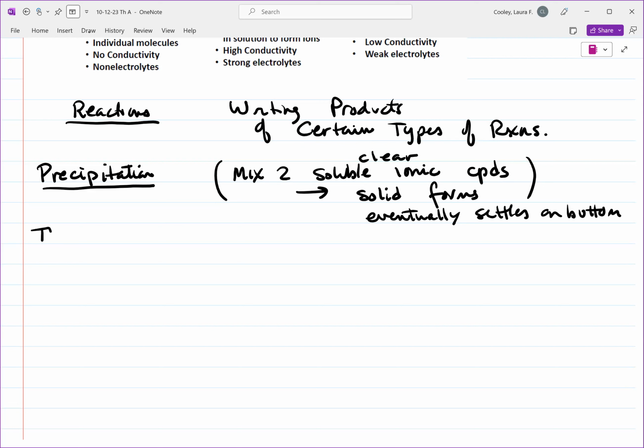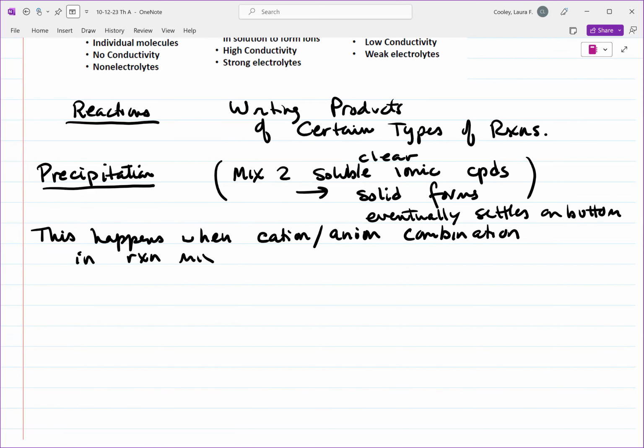Okay, so this happens when the cation-anion combination in the reaction mixture corresponds to an insoluble ionic compound. So you're going to have the solubility chart next to you when you do problems like this.